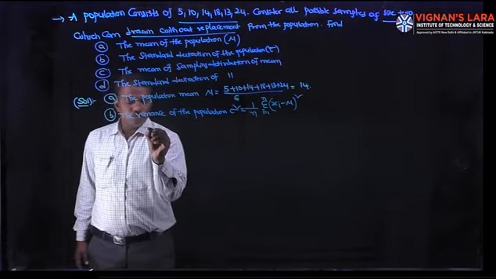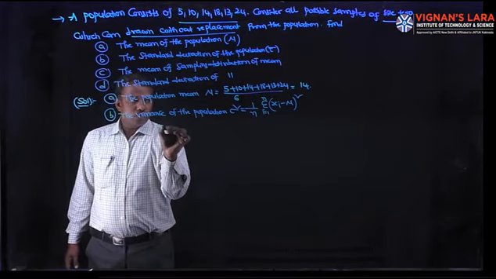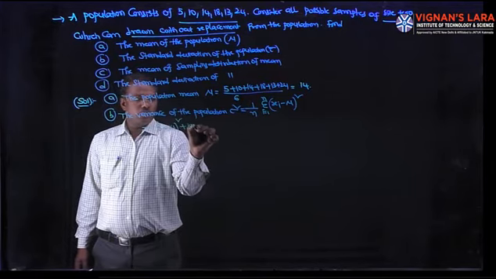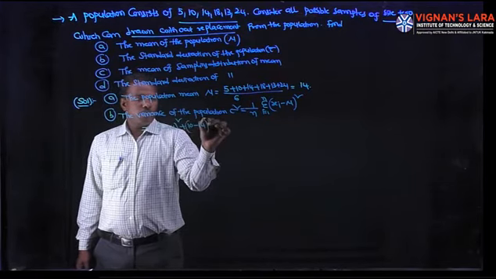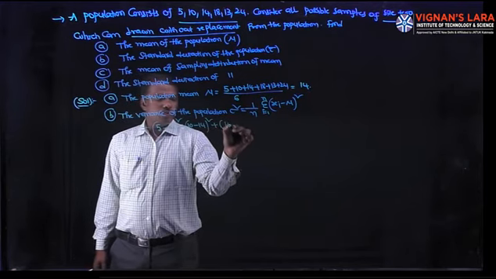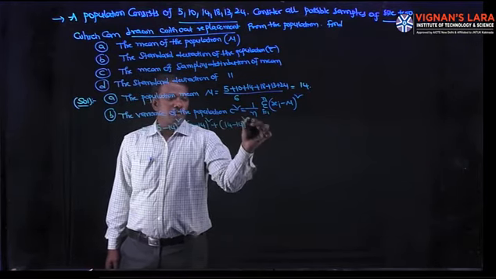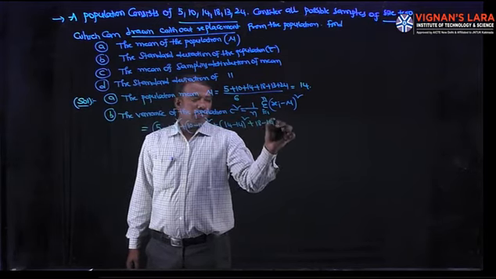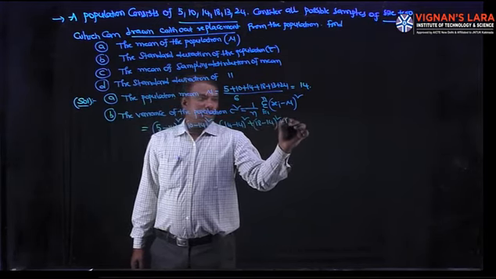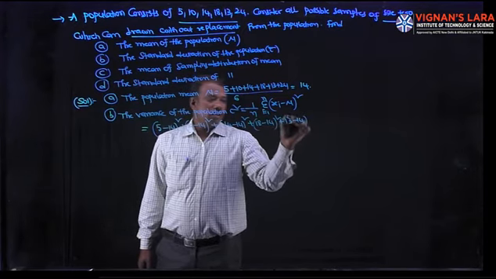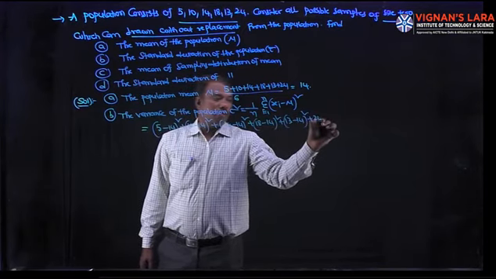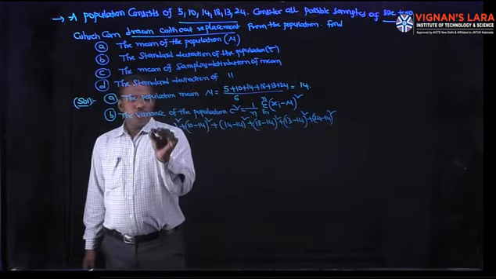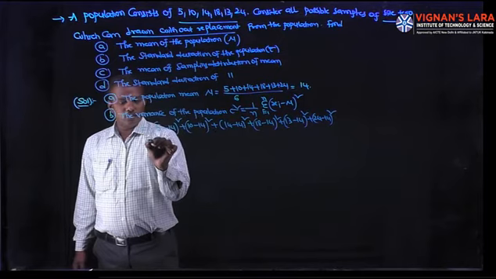That is 5 minus 14 whole square plus 10 minus 14 whole square plus 14 minus 14 whole square, each element minus its mean whole square, plus 18 minus 14 whole square plus 13 minus 14 whole square plus 24 minus 14 whole square, divided by the number, 6.